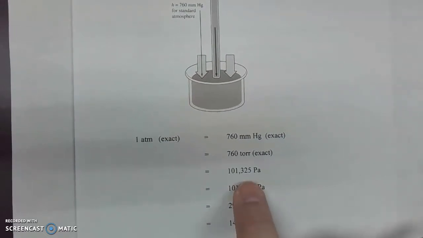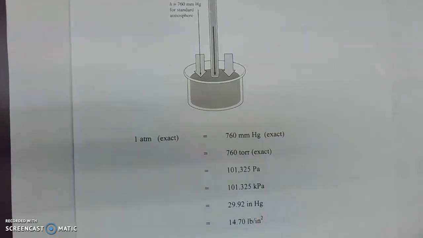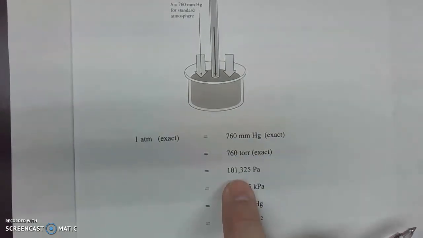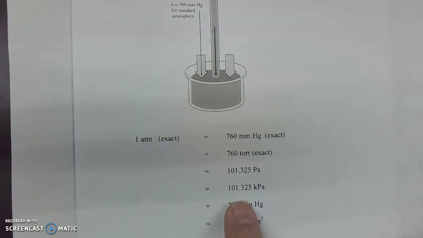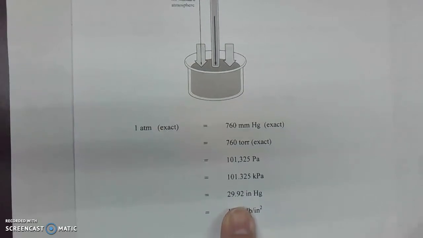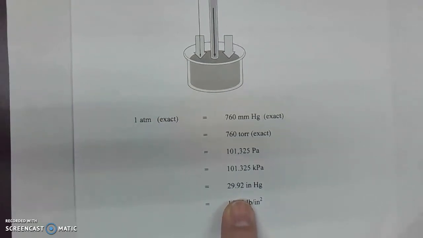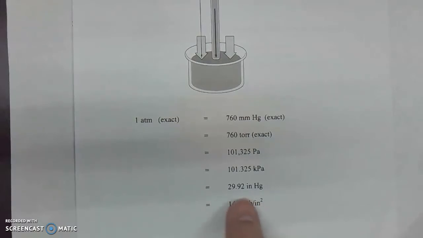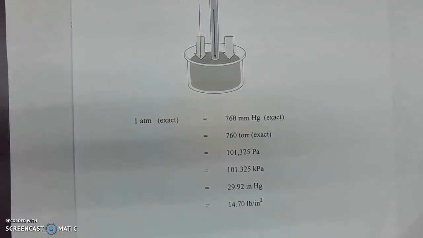There's another unit called a pascal, named after the French scientist. Well, 760 millimeters of mercury is equal to 101,325 pascals, or 101.325 kilopascals. We can also convert the millimeters of mercury into inches of mercury, and we get 29.92 inches of mercury. That's typically what is used in weather forecasting when they give you the pressure.